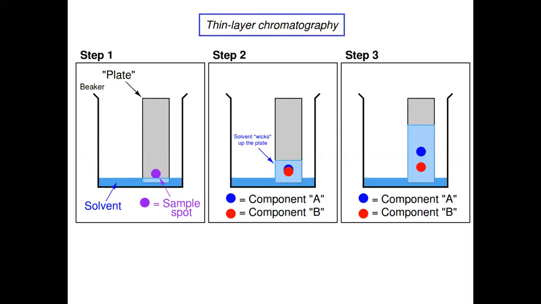So the TLC plate containing the stationary phase will be used, and at one corner an imaginary line is drawn by means of a pencil. Over this imaginary line, assume you are going to separate two solutes present in a sample, and a micro drop of the sample is placed by means of a capillary or a syringe, whatever it is.